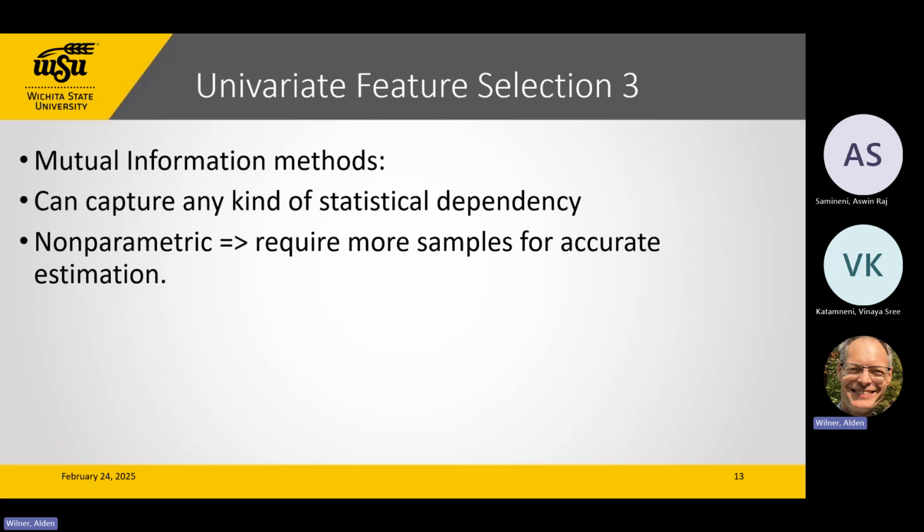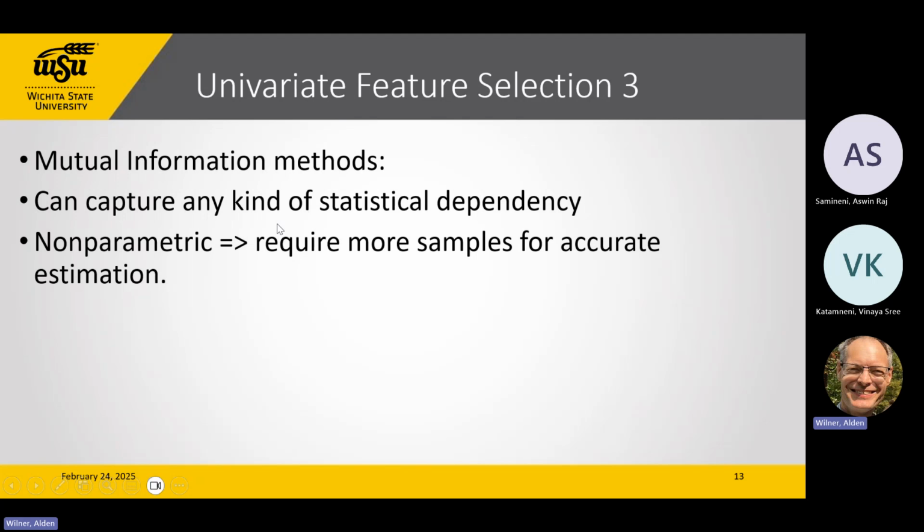Mutual information methods can also be useful in here. These can capture any kind of statistical dependency. If we use ANOVA, it's parametric. It assumes a distribution. We can use non-parametric tests on here, so we can capture things that are not normally distributed, things that we don't have a lot of values for, right?